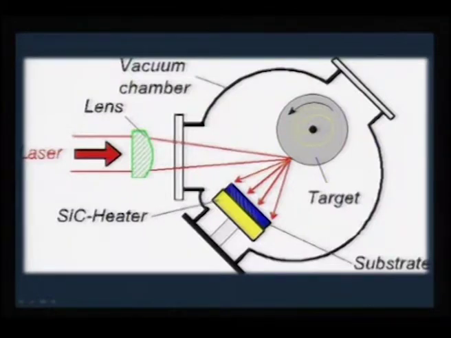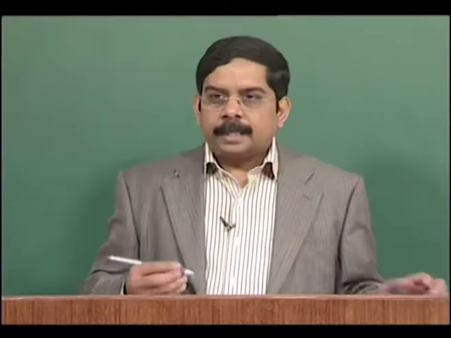Once the substrate is kept at high temperature, you can make the desired film, whatever you want. So this is the simple protocol. What it involves is a vacuum chamber and some optics, and then whatever is happening inside is to do with the vacuum chamber. So it is a very simple protocol compared to molecular beam epitaxy, in terms of achieving vacuum and also in terms of handling the instrument.